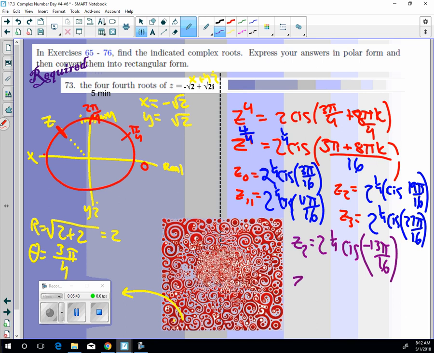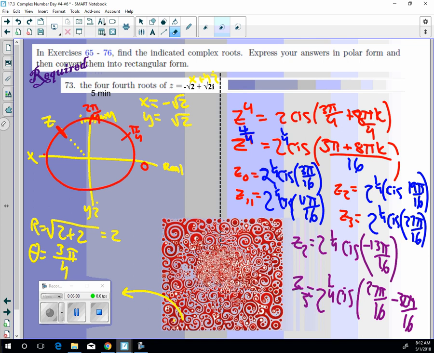And then the other one, Z3, is going to be 2 to the 1/4 cis 27 pi over 16 minus 2 pi, which is how many pi over 16 again? 32. So 27 minus 32, is that negative 5? That'll be negative 5 pi over 16.